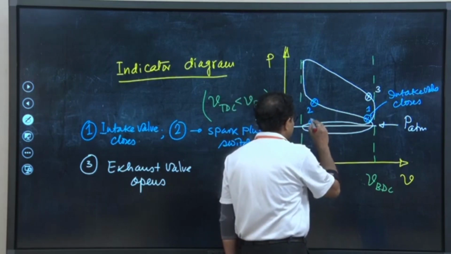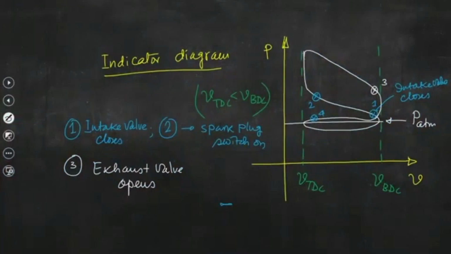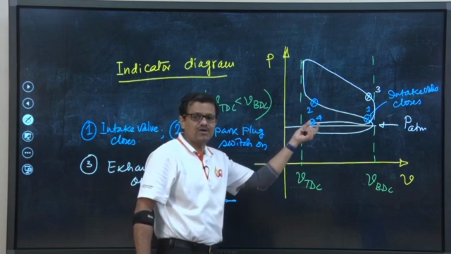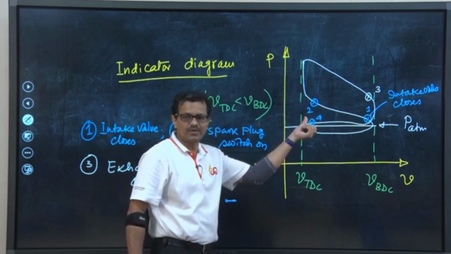So, this is 4. So, not exactly when piston is reaching TDC, but when piston is yet to reach TDC, slightly away from TDC, the intake valve is allowed to open.